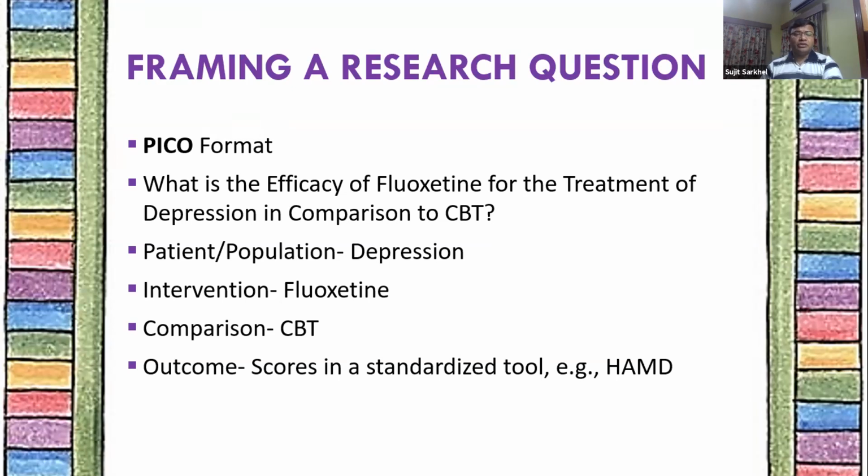That is what you are looking for. What is the comparison group? Comparison group is again that particular group with which you are comparing. So it is cognitive behavior therapy or CBT. And finally, the outcome group, where you measure the outcome in terms of a measurable value. So in case of depression, probably the outcome will be scores in a standardized tool like HAM-D. So with this format in mind, you can actually conduct a literature search to find an answer to your research question.